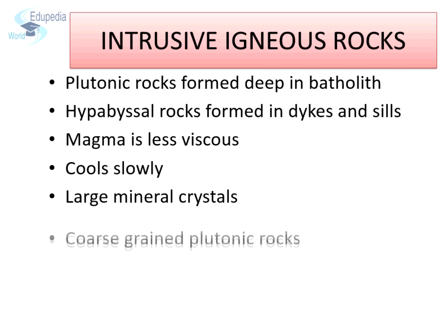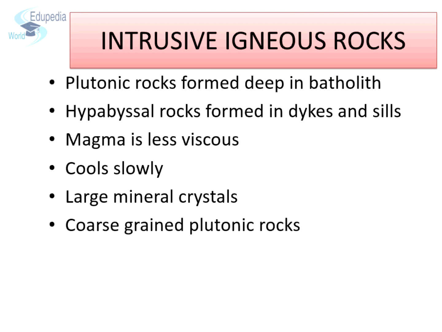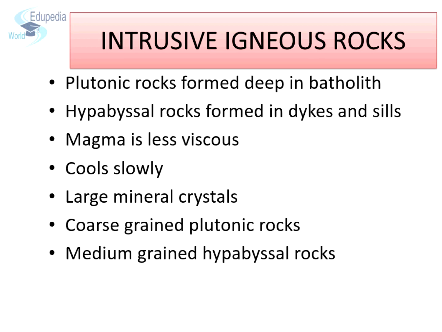Therefore, intrusive igneous rocks will have larger crystals than extrusive rocks. In general, plutonic rocks have large crystals and are coarse-grained, whereas hypabyssal rocks are medium-grained.